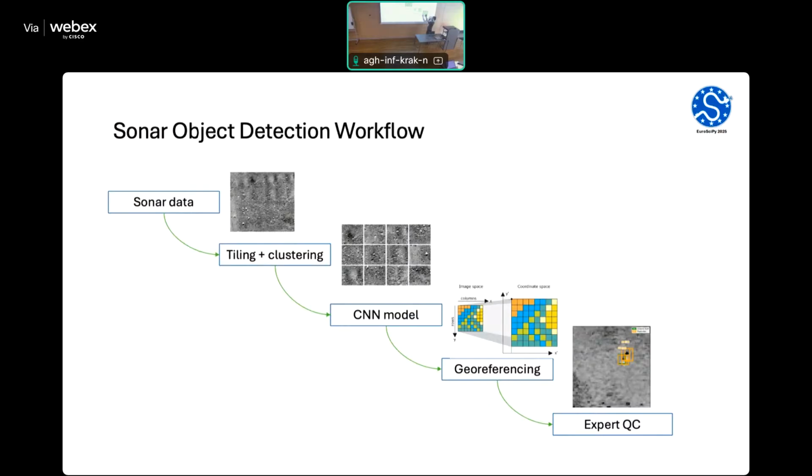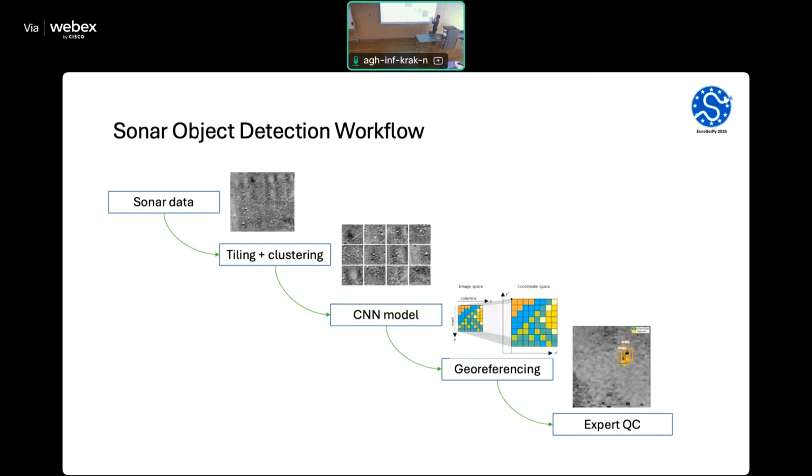And this goes into a CNN model. Here you train its weights and do all the fancy things. You take the prediction from the CNN model, and now you are georeferencing your predictions. You're taking them from image space, pixel space, to coordinate space, which is a real world coordinate space for your sonar survey. Essentially, your machine learning model does not work on coordinate systems, it works on pixels, so you have to bring it back.